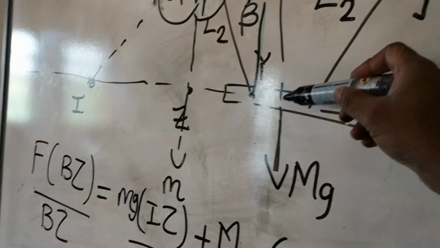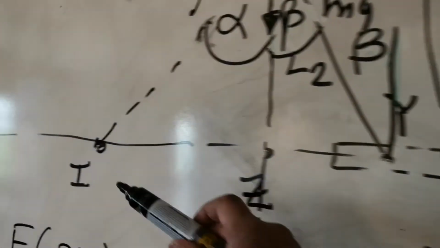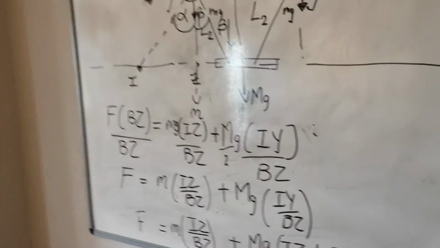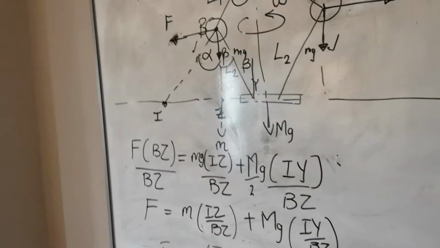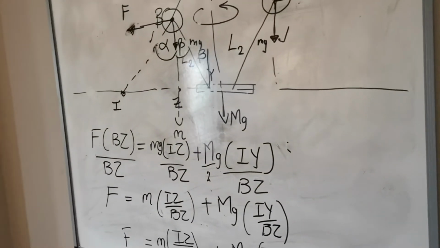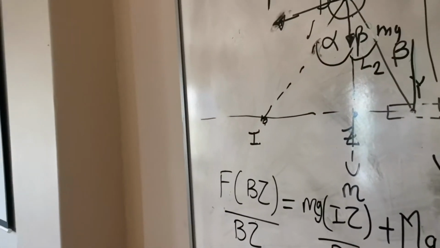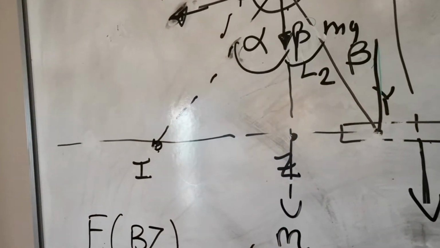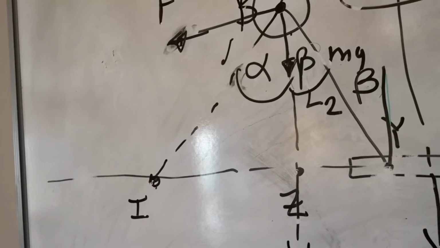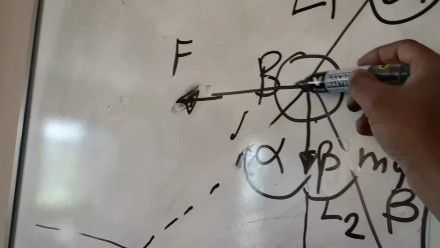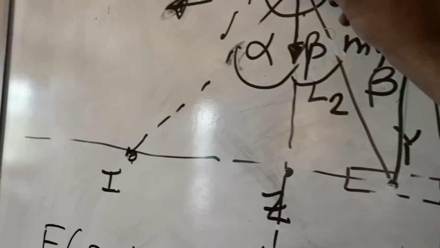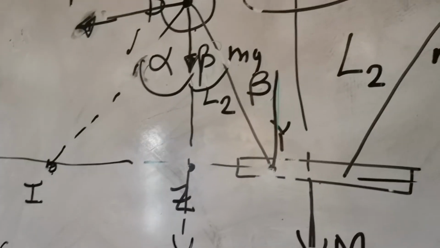So this weight over here is coming down, and you multiply it by this distance from here to here. Basically that's the correct approach, and it's essentially a question of how accurately you work out the various terms. You call this point B, so you would have to work out BZ, that distance.